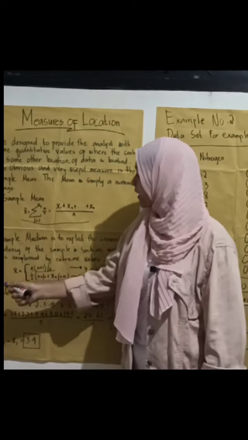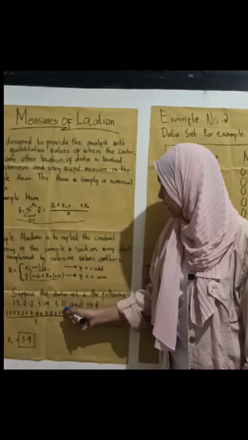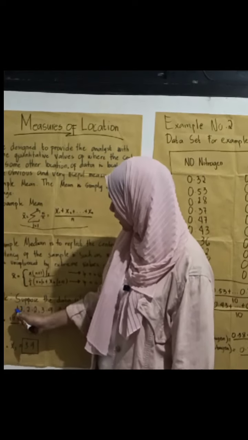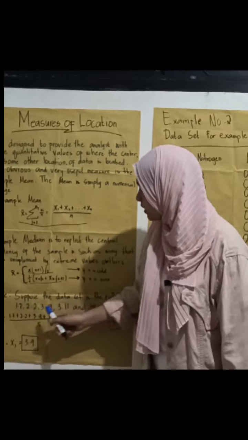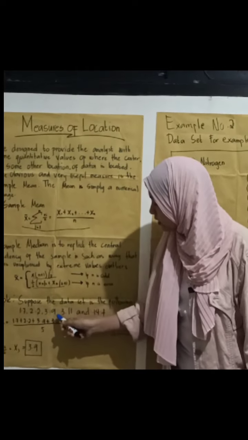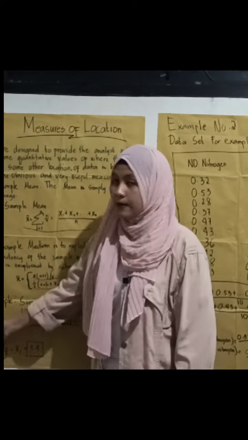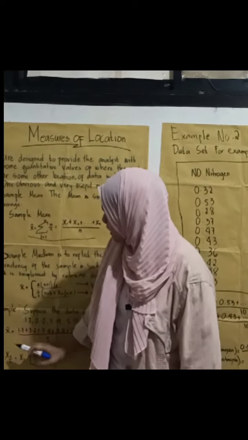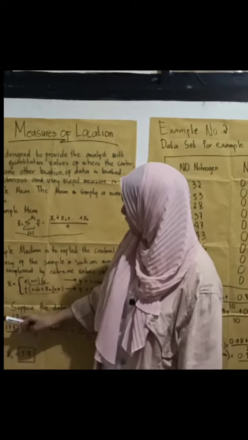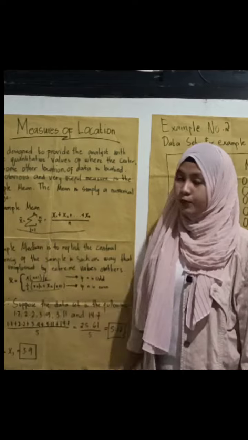Okay, so we have here example number 1. Suppose the data set is the following: 1.7, 2.2, 3.9, 3.11, and 14.7. We will get the sample mean of this. Like I said earlier, this is the formula we will use in getting the sample mean.